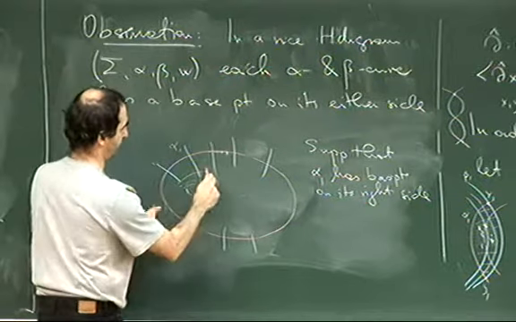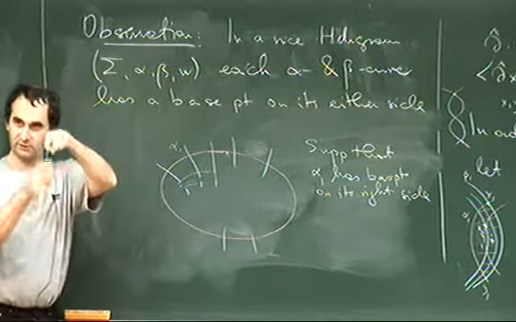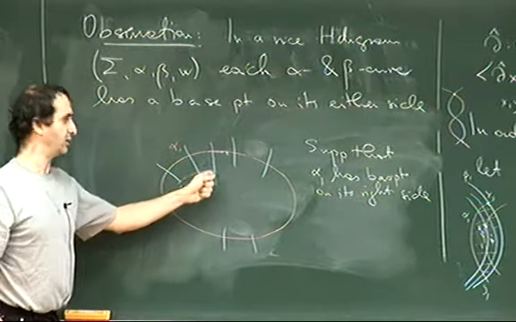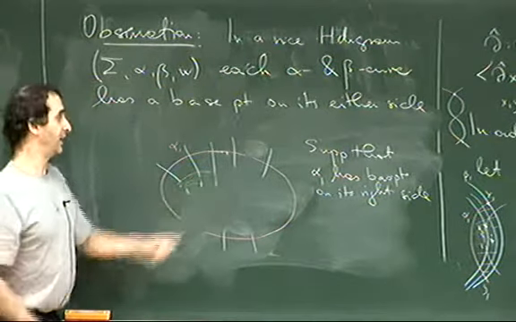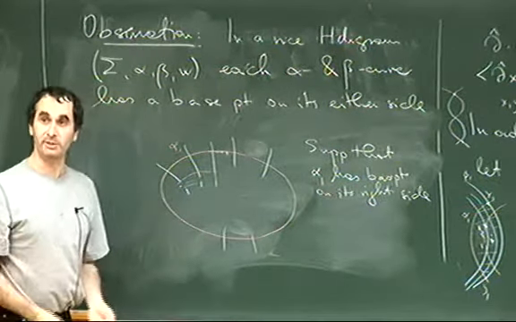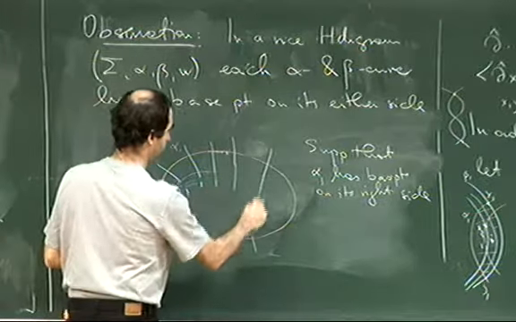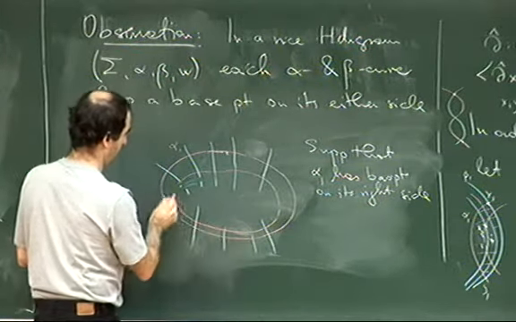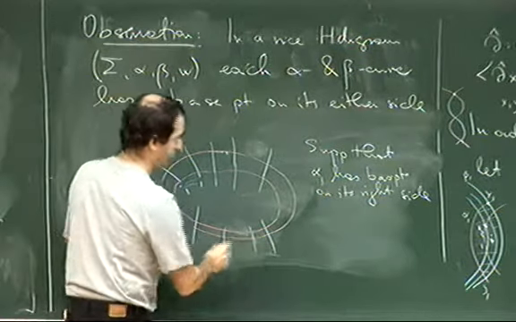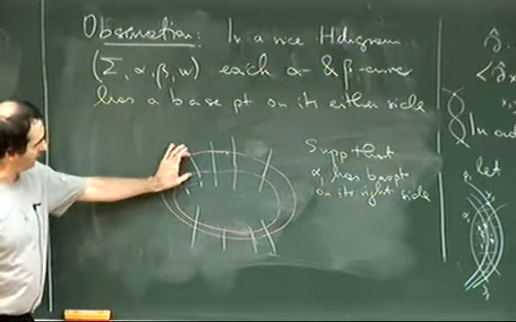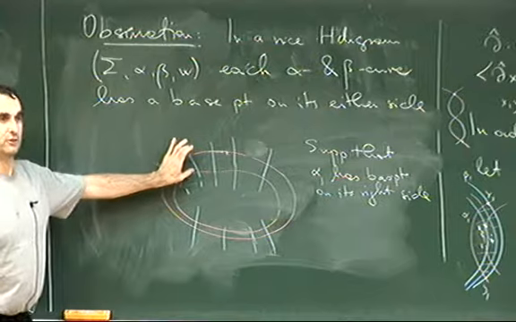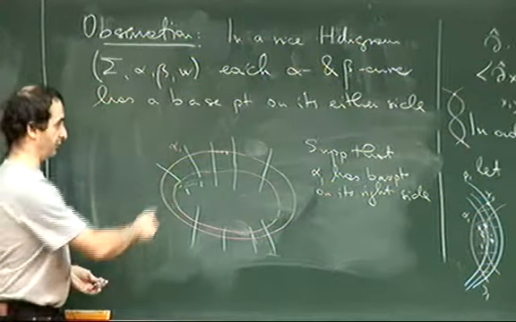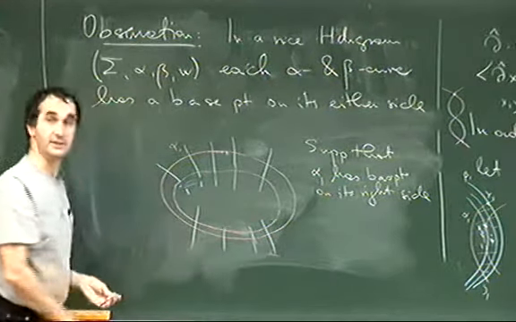Again, I have to see a rectangle which has to be the same height because I have to continue this red arc in some way. And then you just keep doing that, and you will never meet a bigon. So what you will see at the end is a parallel circle like this, which means that I found a component of the complement of the alpha curves which doesn't contain a base point, and that's a contradiction.